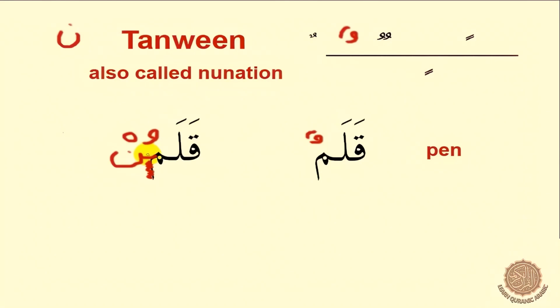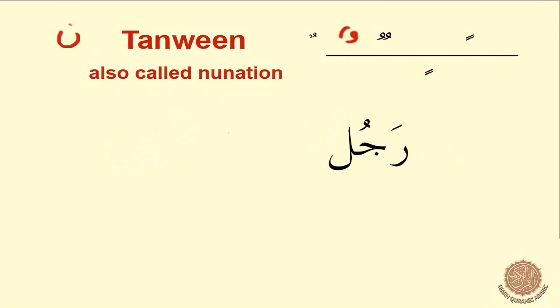Now, what does Tanween indicate? The main thing it indicates is indefiniteness. So here, qalamun would be a pen. So here we have the word rajul, which means man. Now, if we want to say a man, we'd put Tanween, either the two Dhammas, the two Fathas, or the two Kasras.